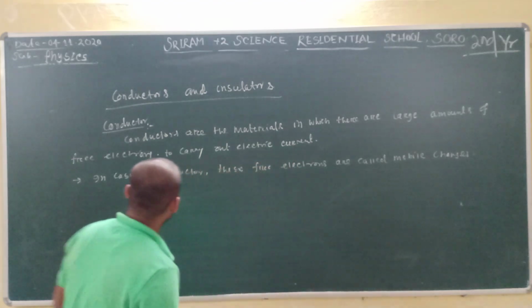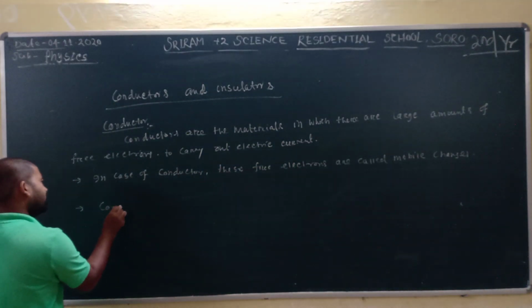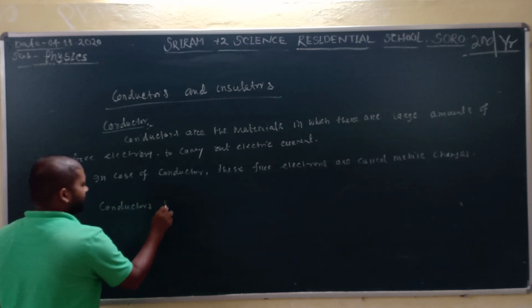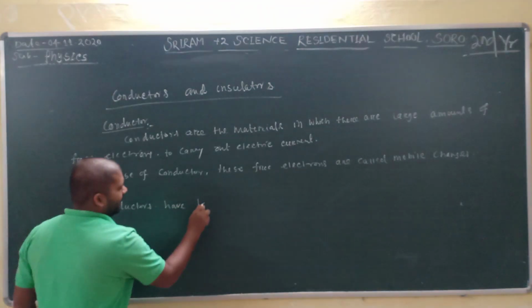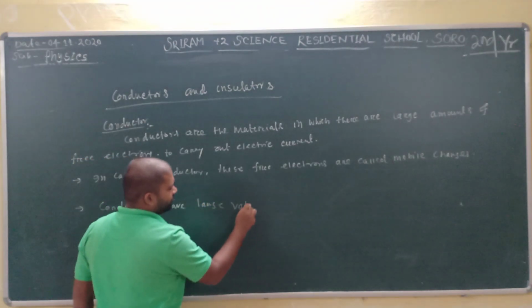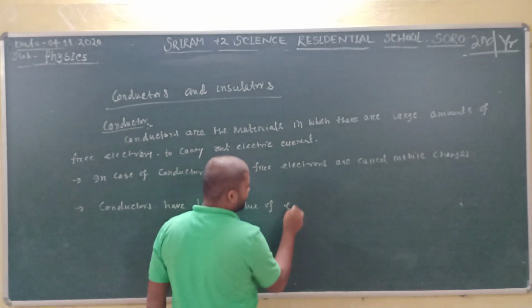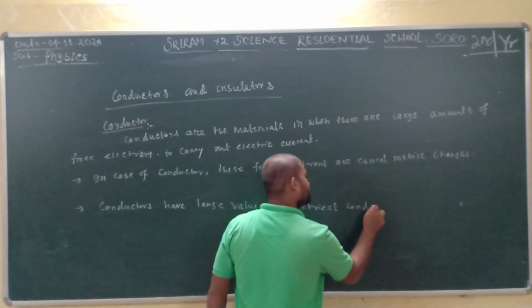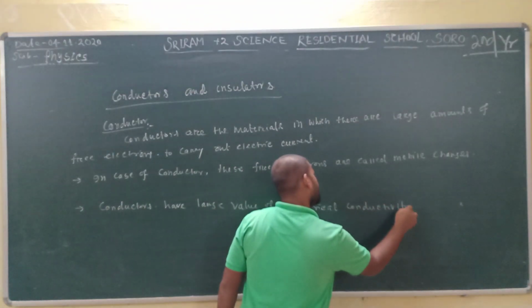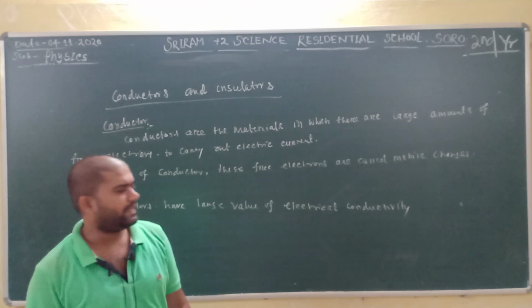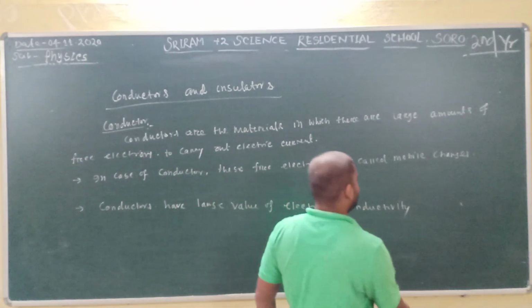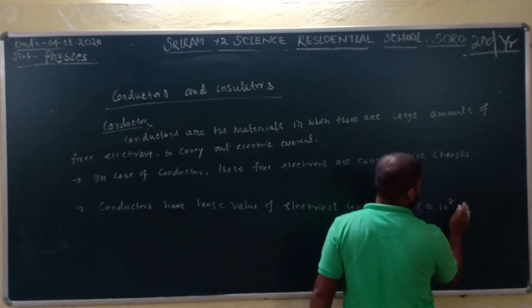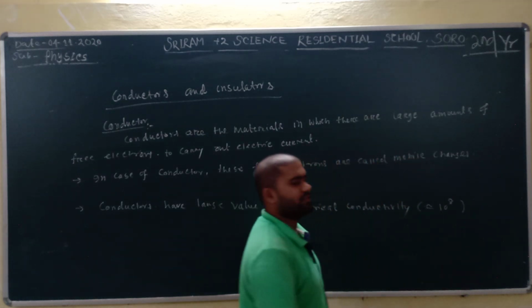Another thing we can say: conductors have a large value of electrical conductivity. Because of the large number of free electrons, they possess a large value of electrical conductivity, in the order of 10 to the power plus 8.